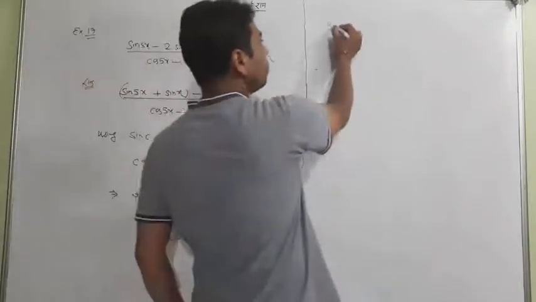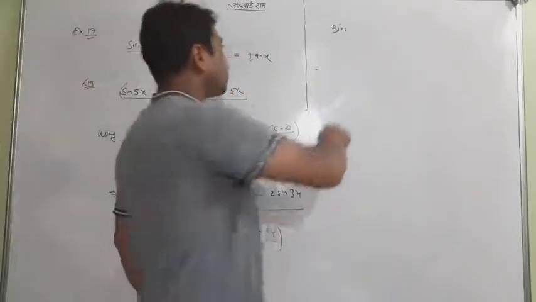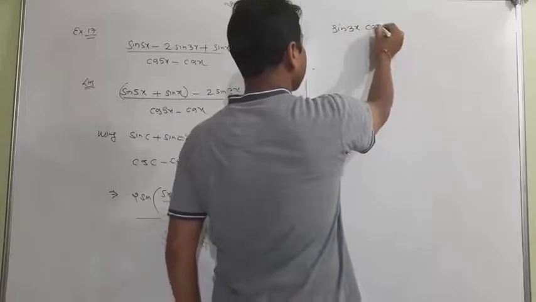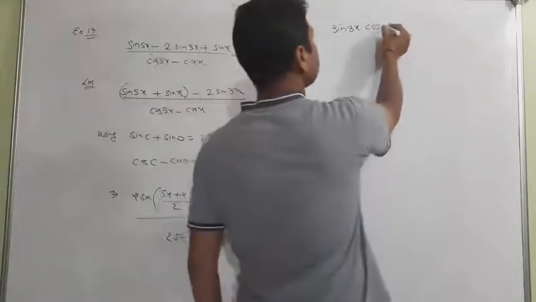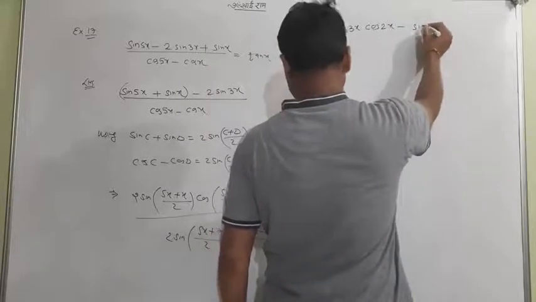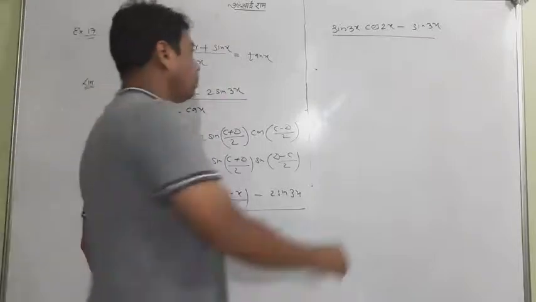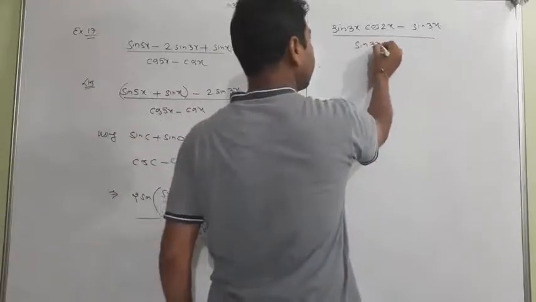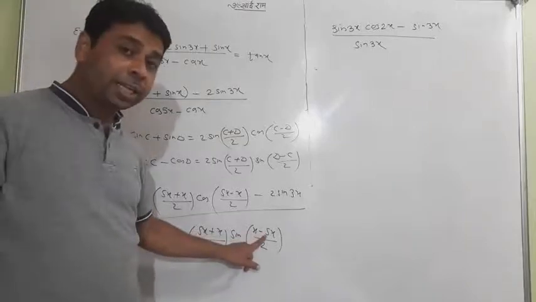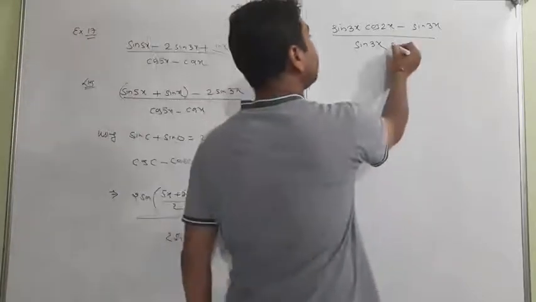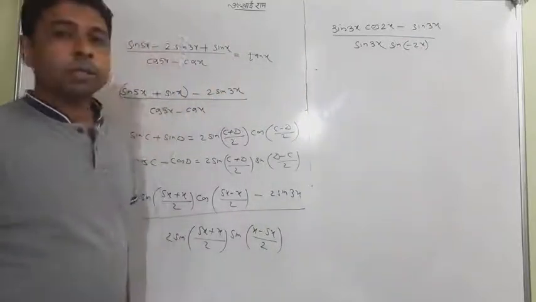Sin of 6x by 2 is sin 3x, cos of 4x by 2 is cos 2x, minus sin 3x upon sin 3x, and sin of x minus 5x by 2, which is minus 4x by 2, is sin of minus 2x. This is the step.